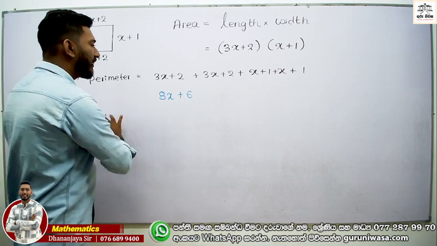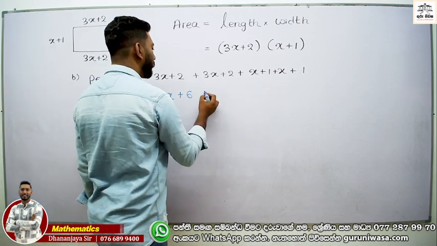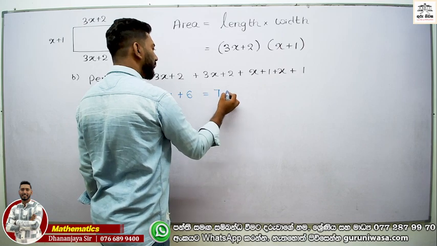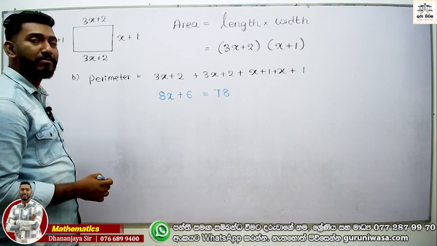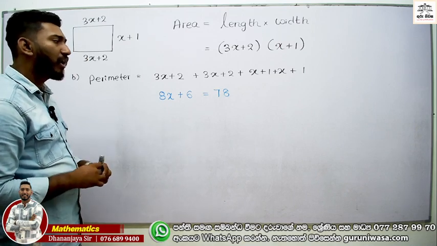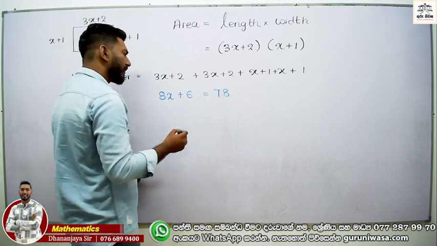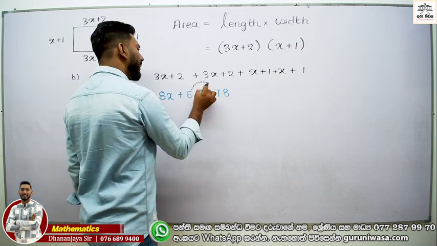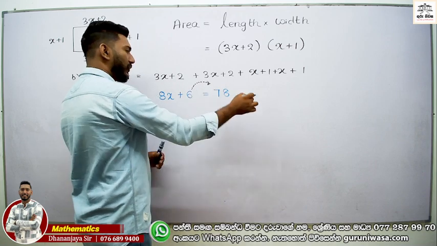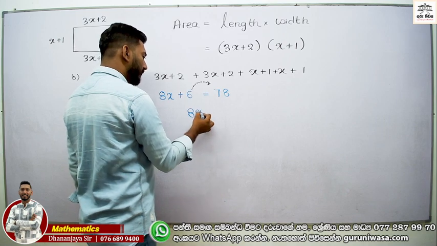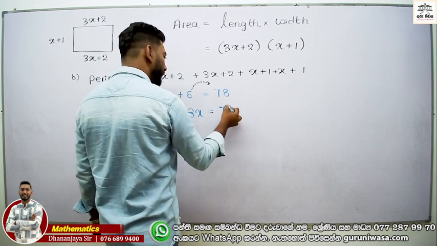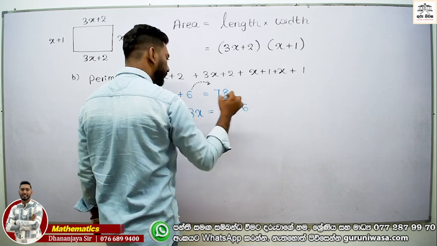Now you can write that the perimeter should be equal to 78. Now we have a simple linear equation. How to find the answer for x? The plus 6 goes to the other side. Now 8x equals 78 minus 6.